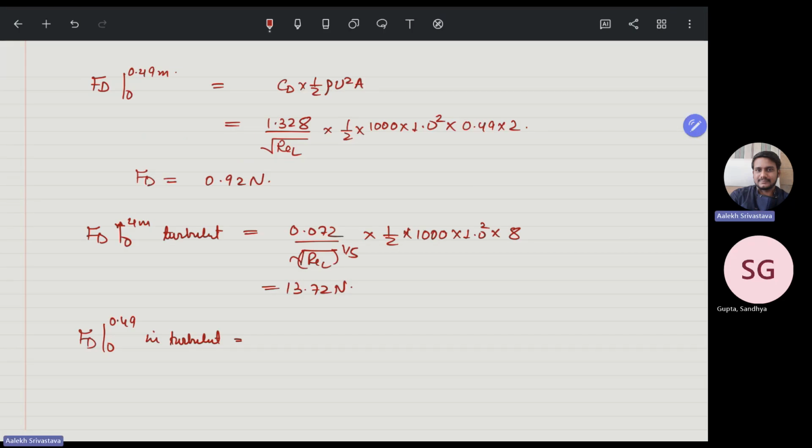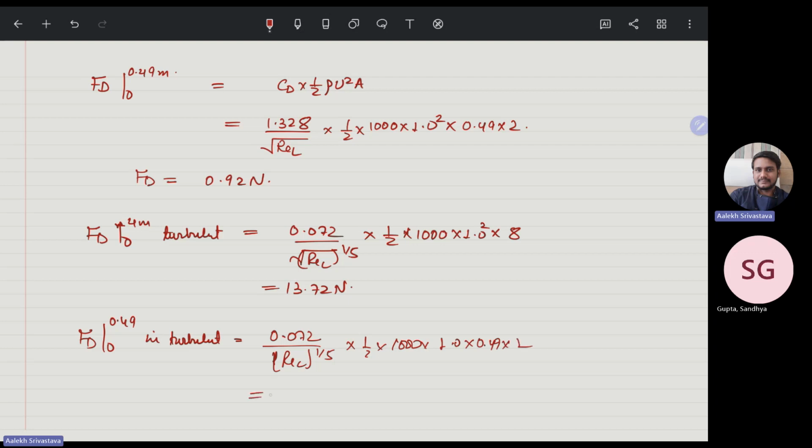Okay, so now we will try to solve the second part. What is turbulent till this region? So if you solve, it is again 0.072 upon Re to the power 1 by 5, into half into 1000 into 1.0 into 0.49 squared.